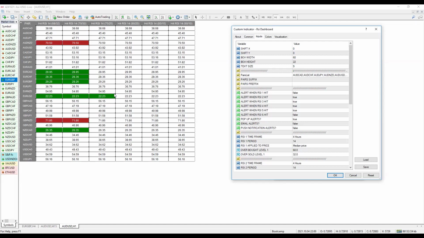The way I have my RSI dash set up is a bit like a strength meter. As RSI gets more and more extended, these will light up further across the dashboard. So I can tell at a glance right now that the most extended currency pair we have is the Euro US dollar. That has hit the 25 level to the downside.